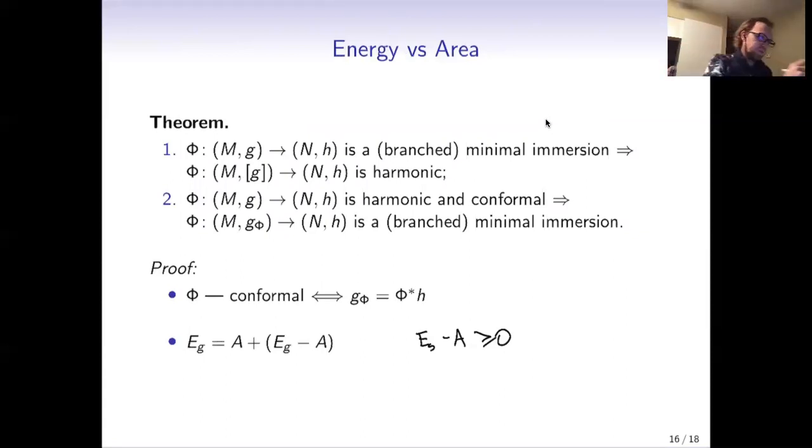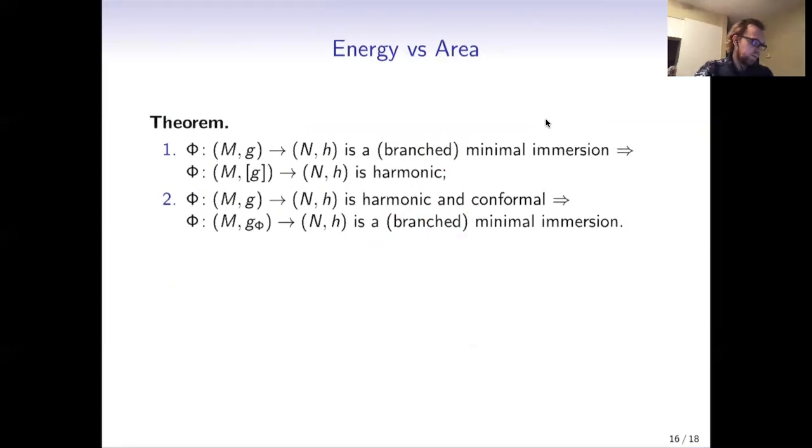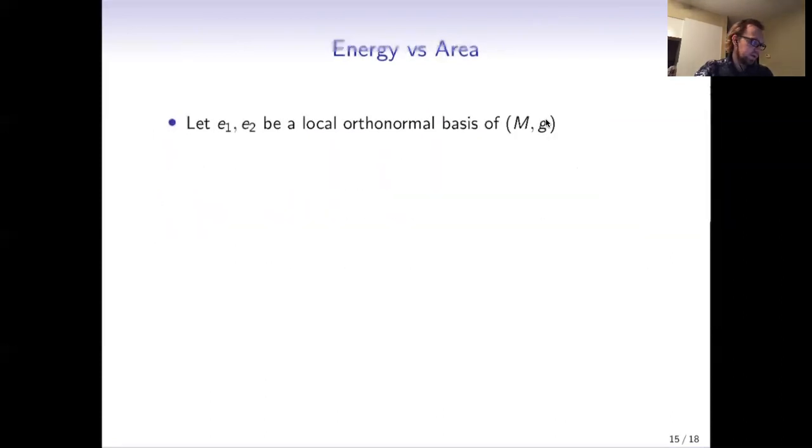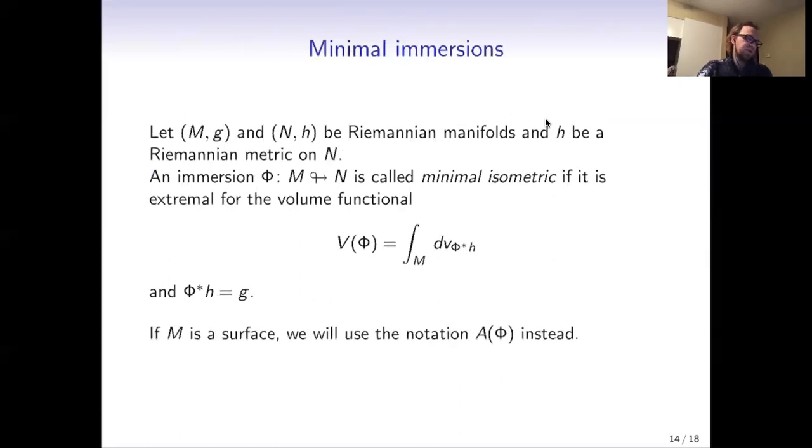So let me just address this word branched, which is everywhere in brackets. Branched just means that when I talk about immersions, you have to allow for pullback metrics that are not honest metrics. So my phi, when I talk about harmonic maps, could have zeros of d phi.